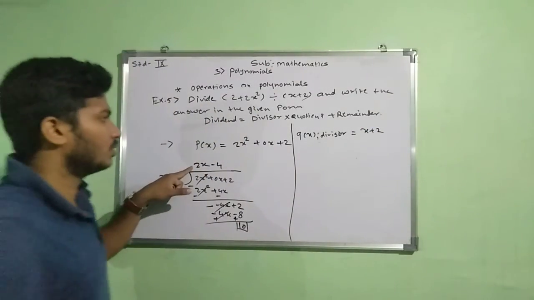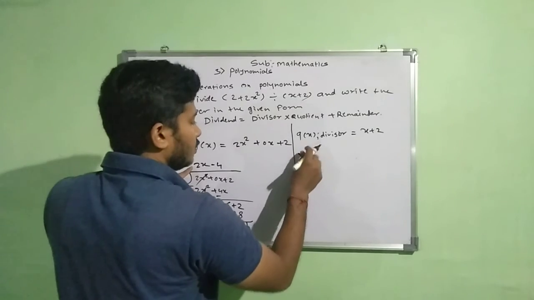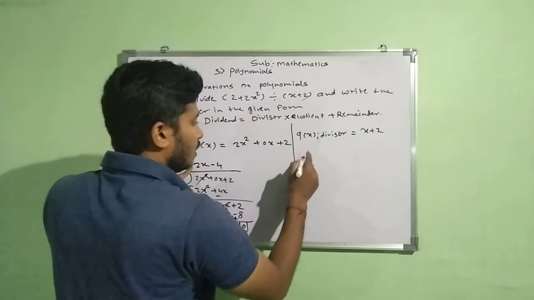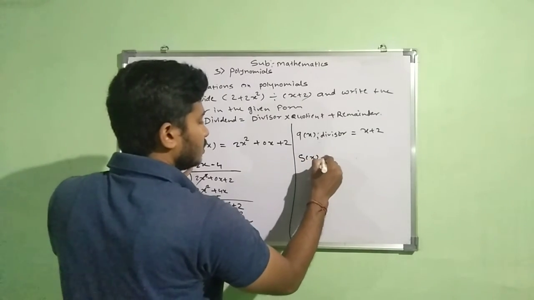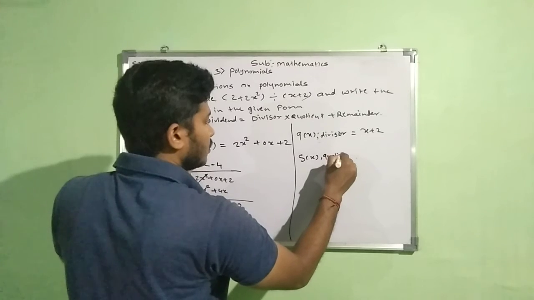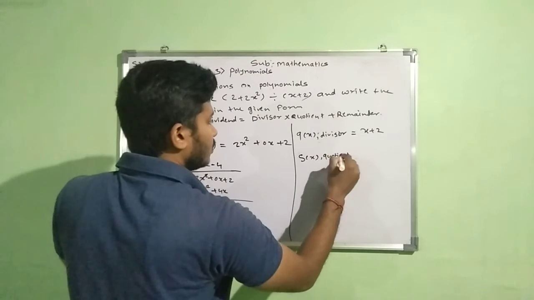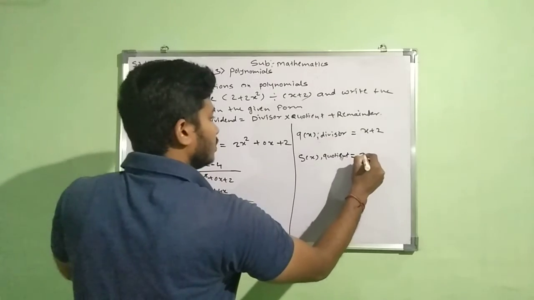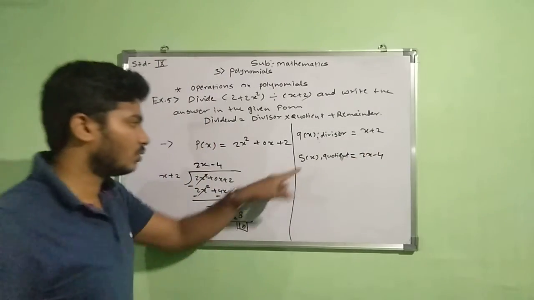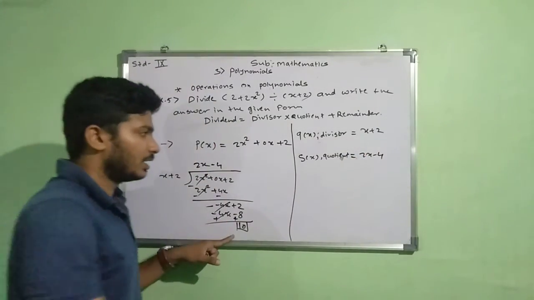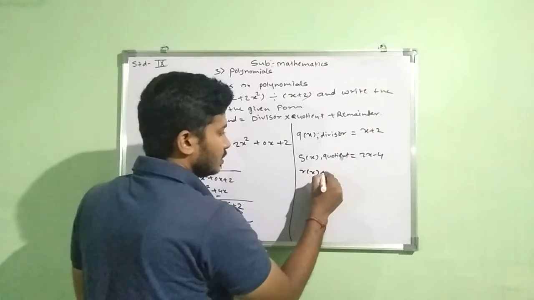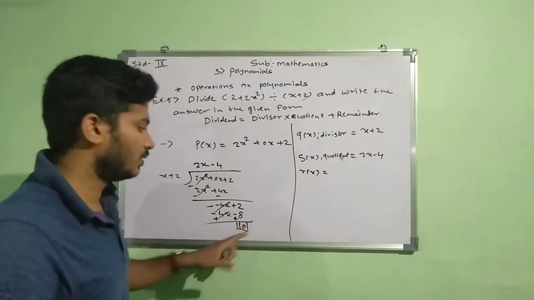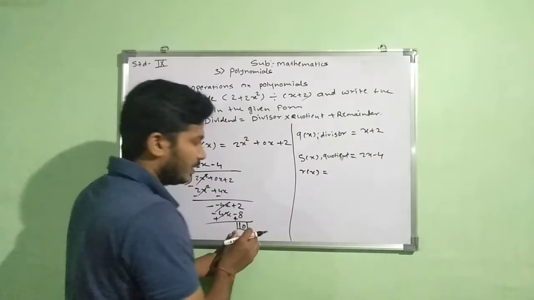Now we go for the quotient, s(x), which is 2x minus 4. This is our quotient. Now the remainder we will consider as r(x). You can take anything you want. Our remainder is 10.